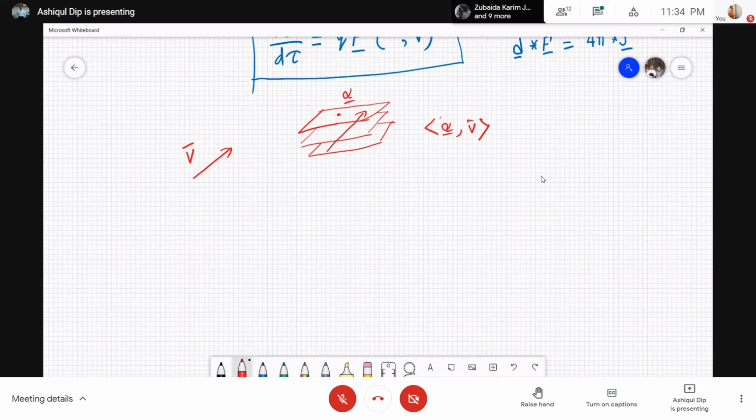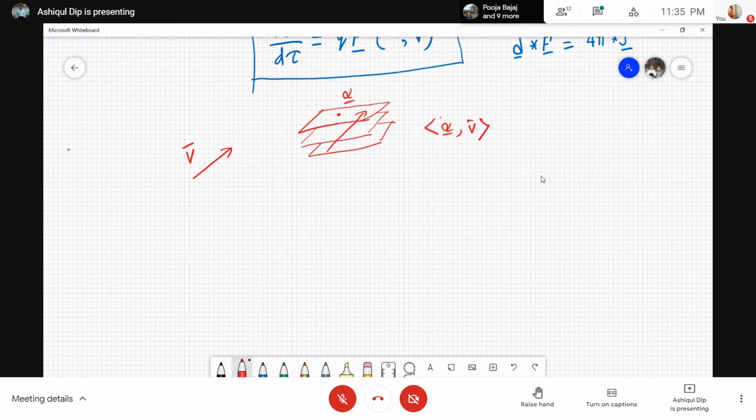Now, what do we mean by these two-forms? Also, what do we mean by the corresponding two-vectors? We have seen some examples of two-forms already, like the electromagnetic field is a two-form. So what are two-vectors? Two-vectors are constructed out of two vectors.